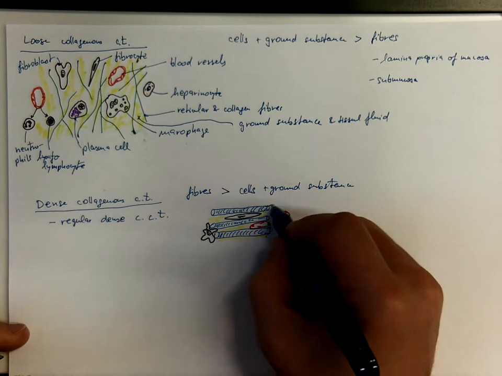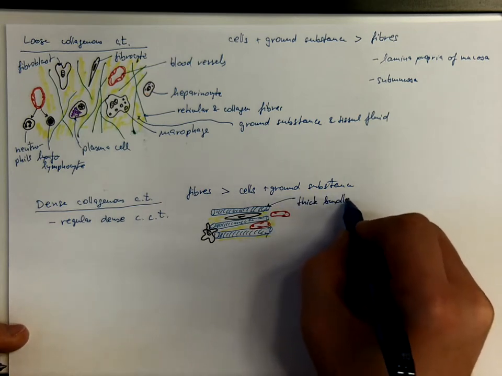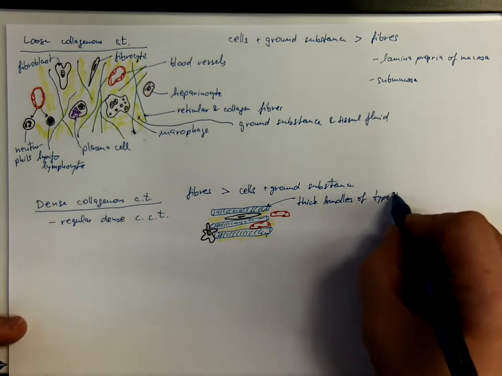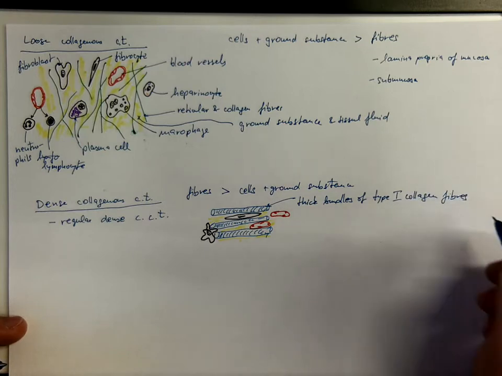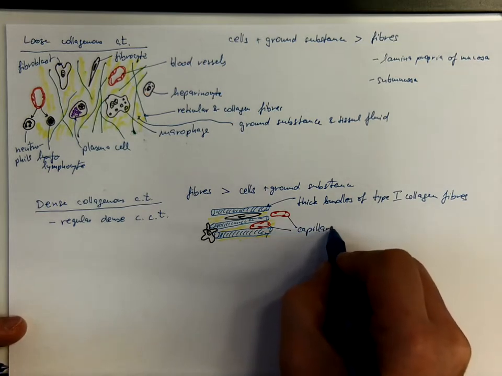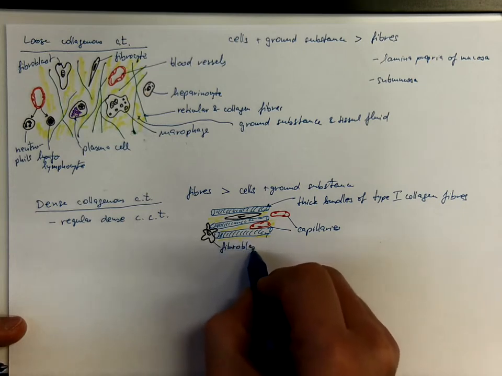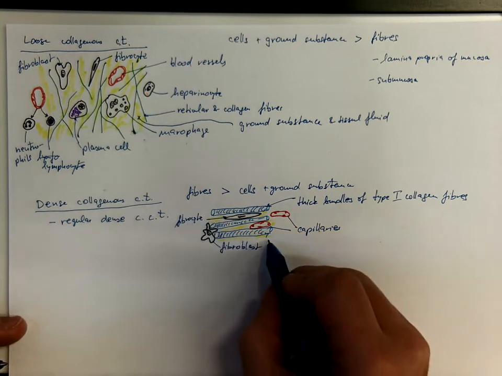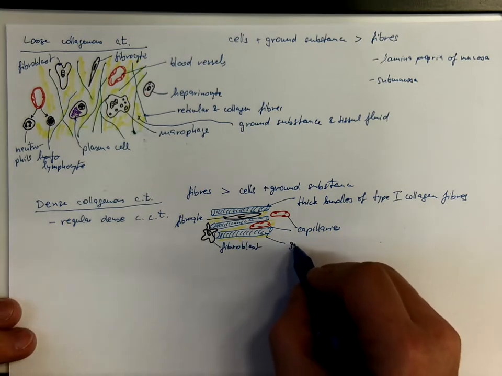So we have thick bundles of type 1 collagen fibers. There are capillaries, fibroblasts, fibrocytes, and only small amounts of ground substance.